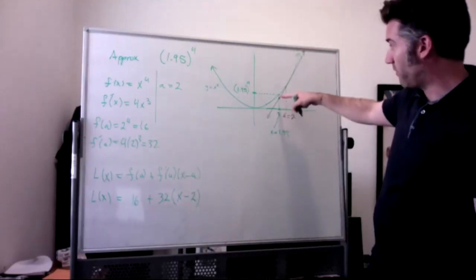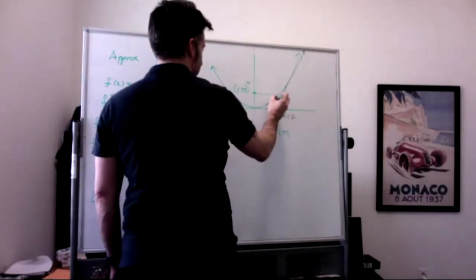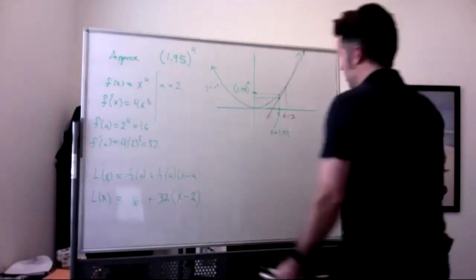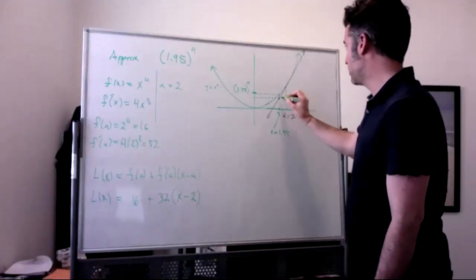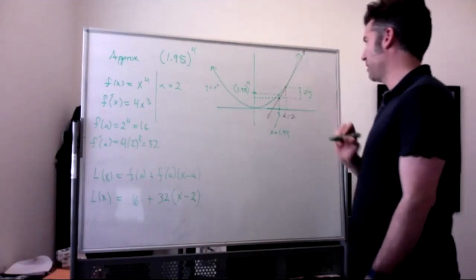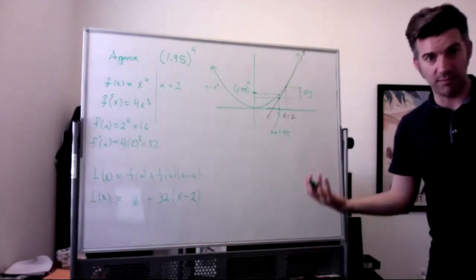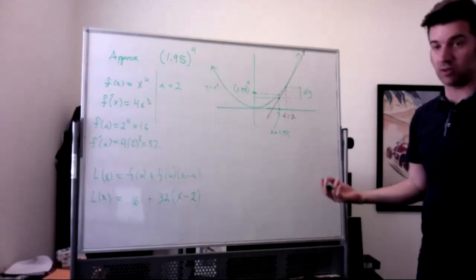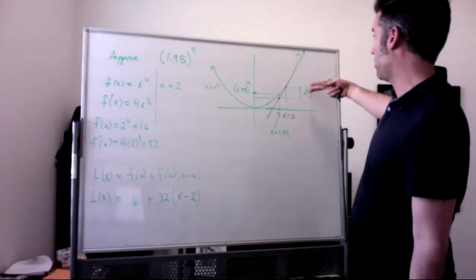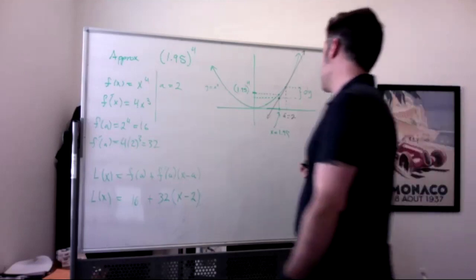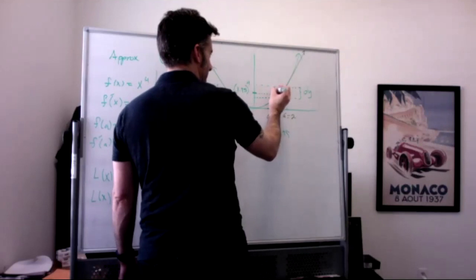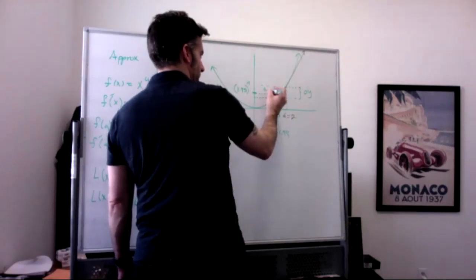By plugging in 1.95, I'm going to get some y value, and it is going to be a little bit smaller. And again, I really want to point out that this here is your dy, the approximation of the change in the function value. Whereas the actual change in this problem would be this amount here. That's your delta y.